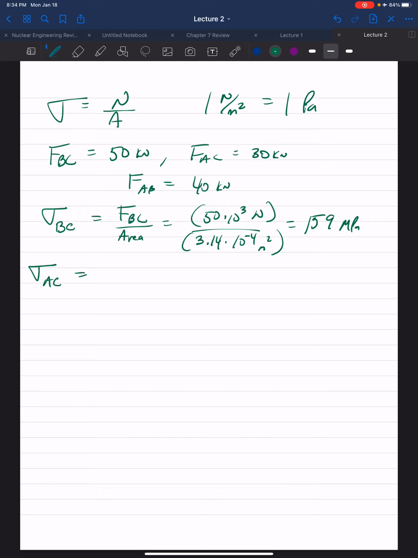The average normal stress in bar AC is 30 times 10 to the 3 newtons. This gives you 95.5 megapascals.